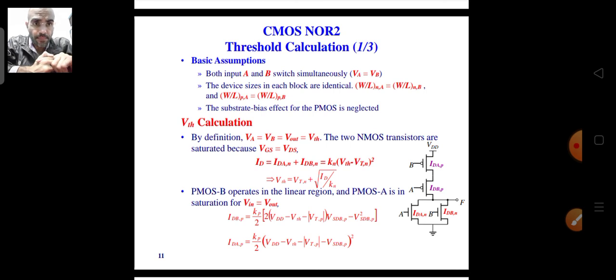We will write the drain current equation for both our PMOSs, APMOS and BPMOS, and the saturation current equation for your NMOS. As our BPMOS is operating in the linear region, we have written the linear region equation for that, whereas the APMOS is operating in the saturation region, so we have written the saturation region equation for that transistor.